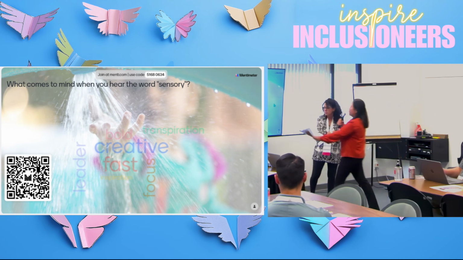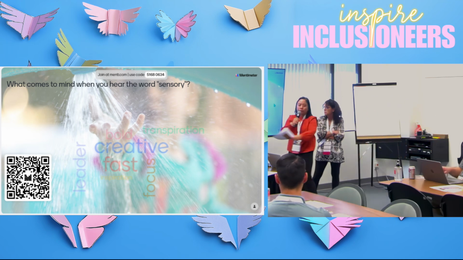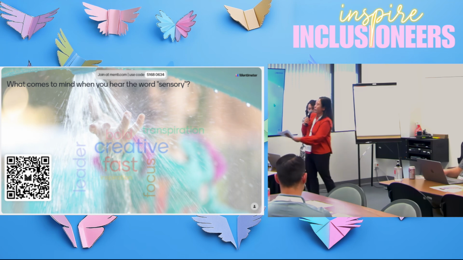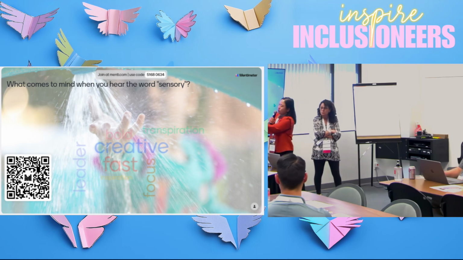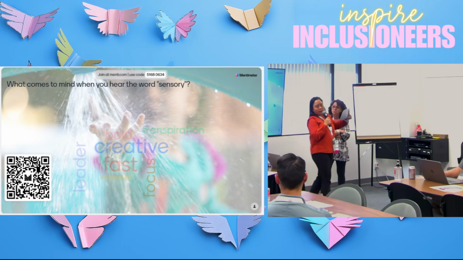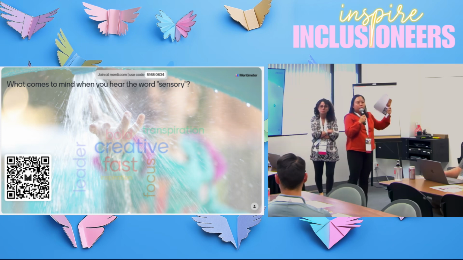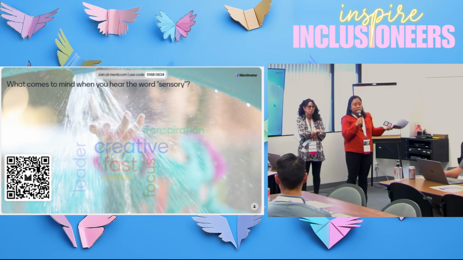If you're looking at how we are associating the word sensory with certain things, like fidgets, bodily experience, self-regulation, touching, overload, stimulation, are we able to have that big picture of what's going on with our students in a classroom when we have a certain word associated with the word sensory?